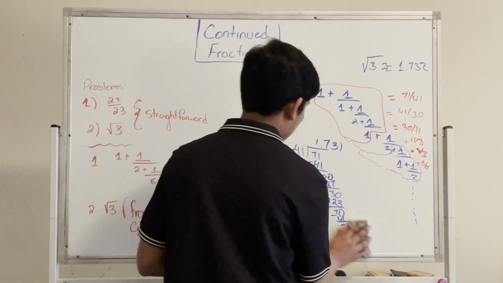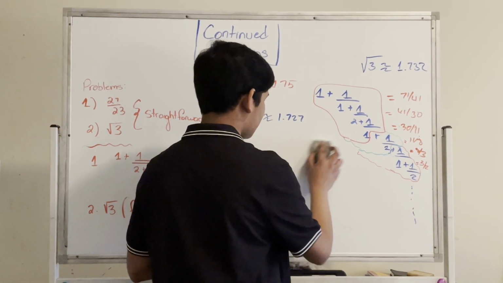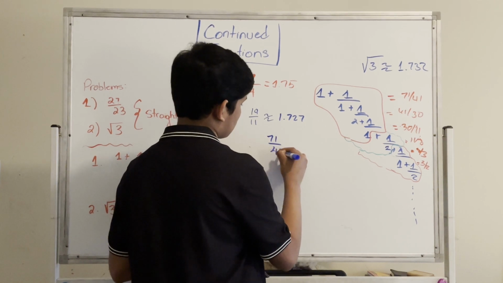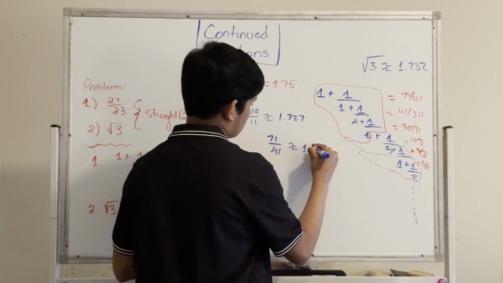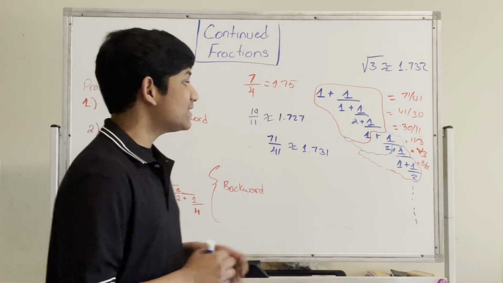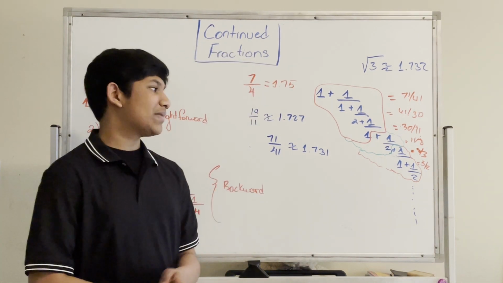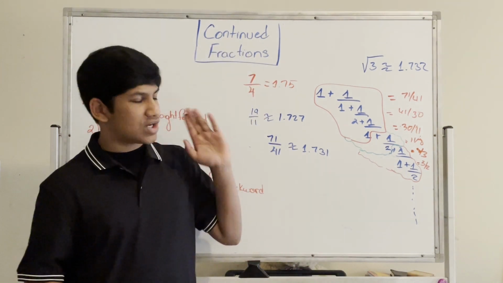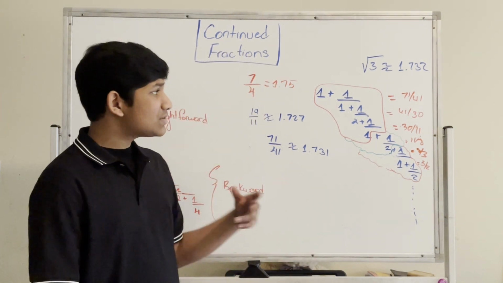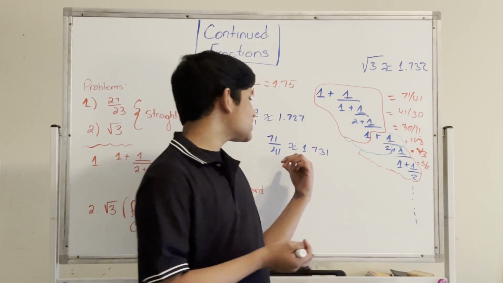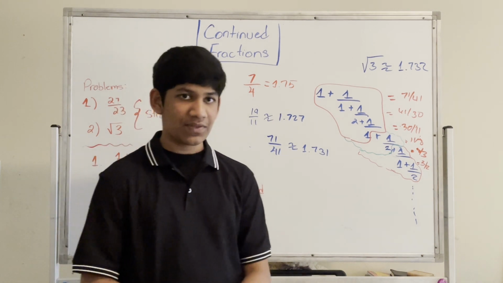So we can see this continued fraction does equal the square root of 3, because the smaller fractions which we considered are approaching the square root of 3. And so if we were to take an approximation for the square root of 3, we could use 71 over 41.